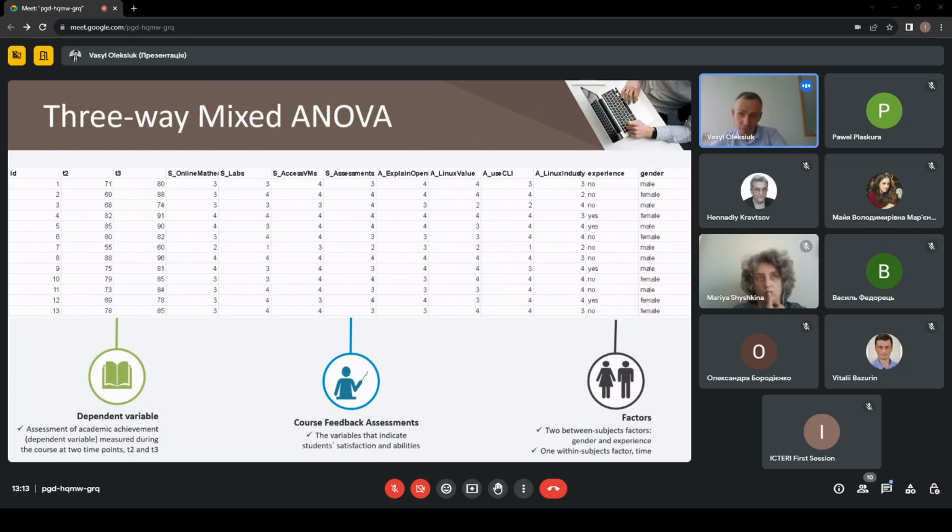An analysis of averages or medians indicates that students previously familiar with Linux recorded a significant improvement in their academic performance during the second stage of the course. During the third and final stage of the exam, there was almost no visible impact of experience on academic performance of female and male students. However, additional verification is required to confirm this assertion.